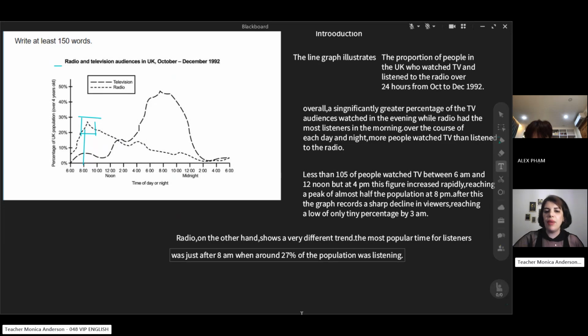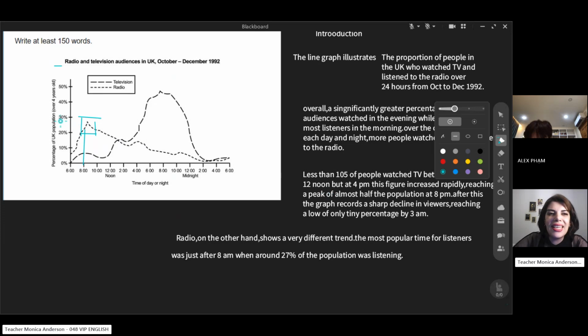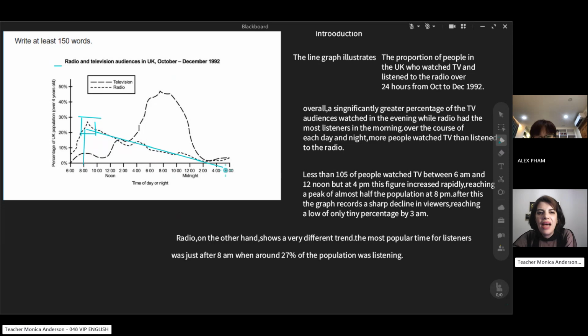So this is the first one. Now, but this peak, Alex, it's a short peak. After that, we have a fall. Do you agree? It's not a very big peak. So we can say that after a brief, a short peak.